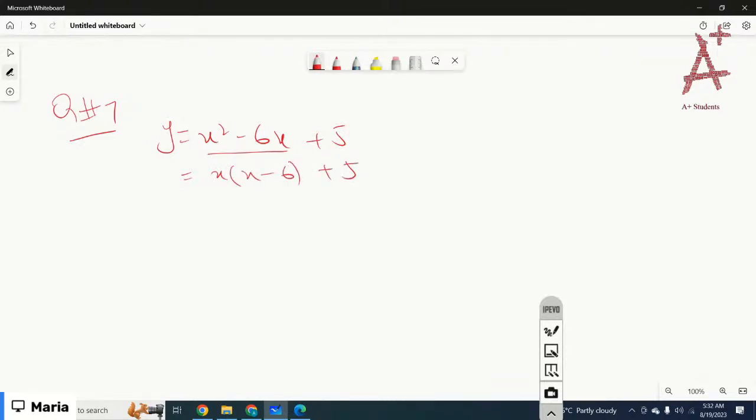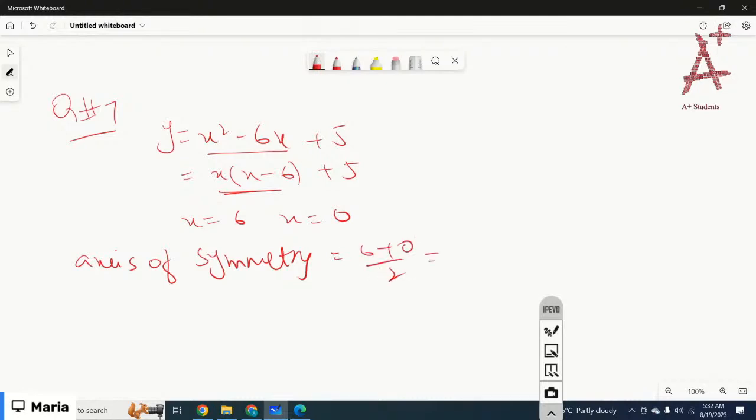That is the partial factor, right? You have now x equals 6 and x equals 0 when you equate it with 0, right? So the axis of symmetry is (6 plus 0) over 2. That would be 3, right?